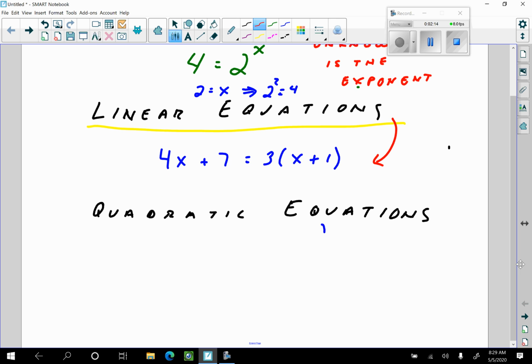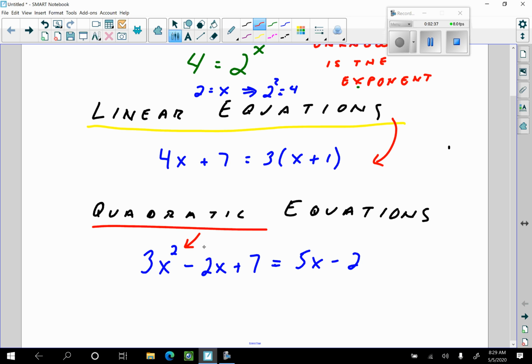The other type of equation we have solved thus far, we did a lot this year, is quadratic equations. What's a quadratic equation? Well, 3x squared minus 2x plus 7 is equal to 5x minus 2. That's a quadratic equation. What makes it quadratic? It's because the variable is to the second power.